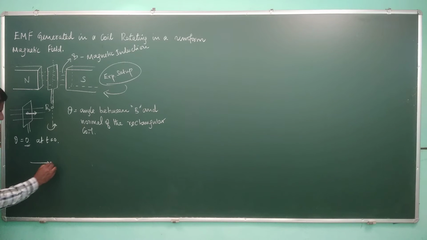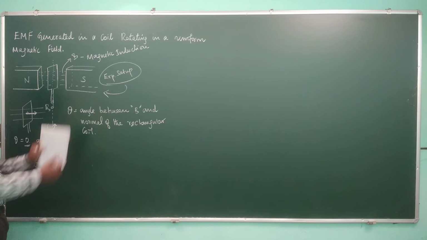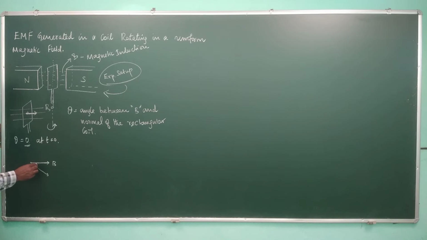This is always the direction of the magnetic field, while the rectangular coil will be tilted, so that there exists an angle theta. Now you can write theta equals omega into t, that is, theta is measured at a time t. And what is omega?